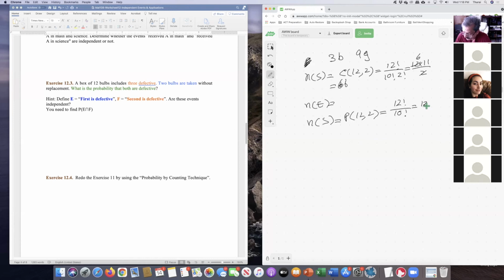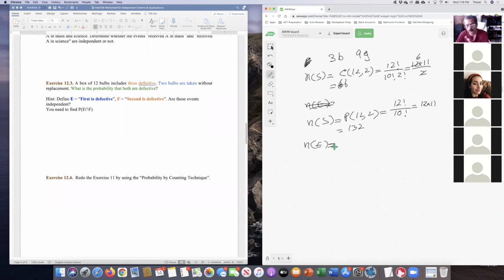So it's 12 factorial over 10 factorial, which is equal to 12 times 11. That's 132. That's how many elements are in the sample space. And the number of elements in the event will be, first one is defective, second one good.